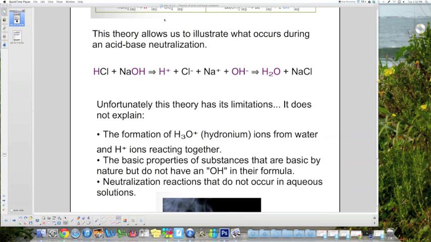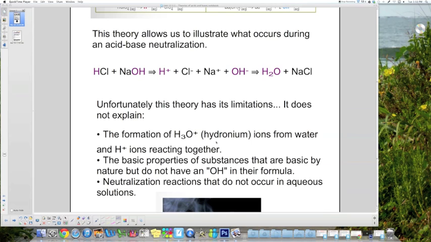This theory that we covered last year does not explain where this ion comes from, and it's fairly common actually. It also doesn't explain the basic property of certain substances that do not contain an OH ion within the molecule. Certain substances are basic but don't contain an OH part, and we can't explain that based on this theory.